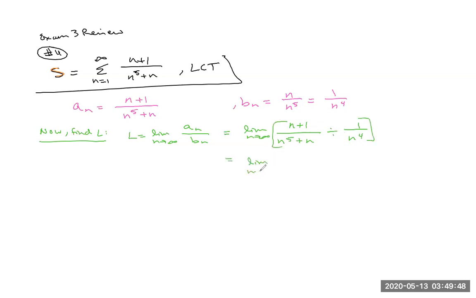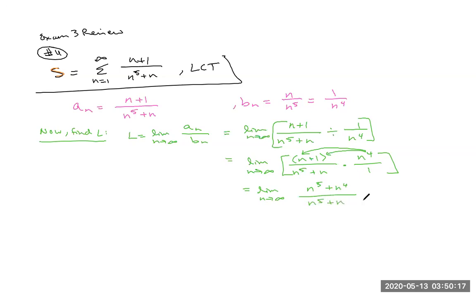Remember, you could technically skip that step if you're comfortable with it and just write a sub n multiplied by the reciprocal of b sub n. Now note you have a distribution on the top here because this is technically a factor. So we have n to the 5th plus n to the 4th divided by n to the 5th plus n. We're going to divide top and bottom, each term, by n to the 5th.